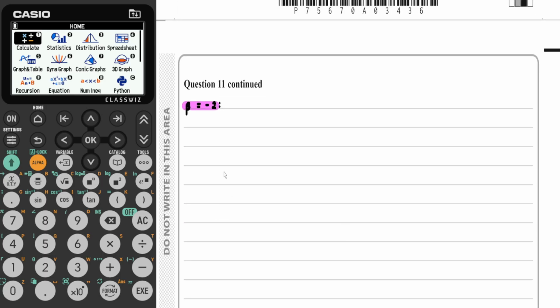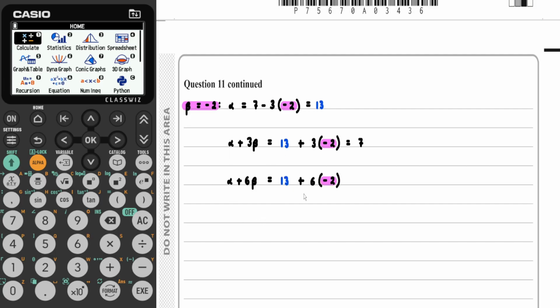So when beta equals negative 2, I've got alpha, which is equal to 7, take away 3 times negative 2, which is 13, and alpha plus 3 beta, well, I know what alpha is at 13, so I've got 13 plus 3 times negative 2, which is 7. And I've got alpha plus 6 beta, alpha's 13, beta is negative 2, so I've got 13 plus 6 times negative 2, which is 1.